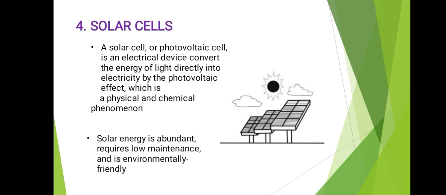Solar cell systems mostly have these three main parts. So first one is modules that convert sunlight into electricity. Second is the inverters, where electricity is being converted into alternating current or AC, so it can be used by most household appliances.